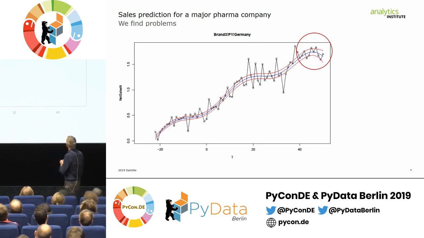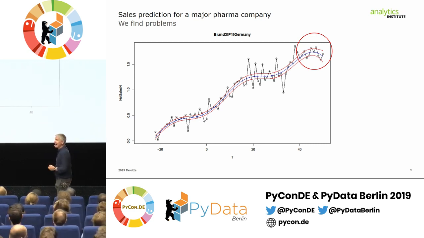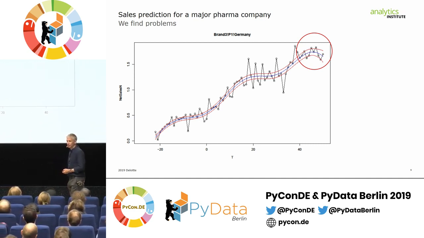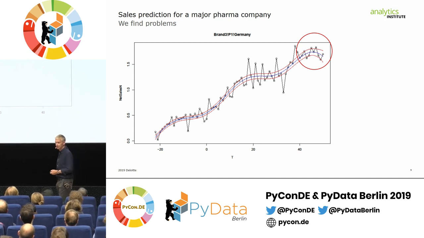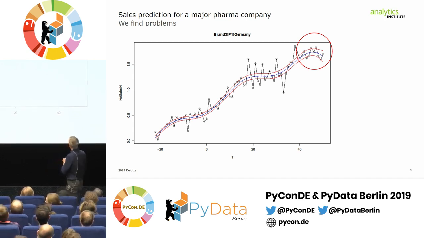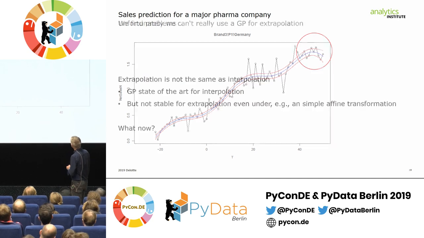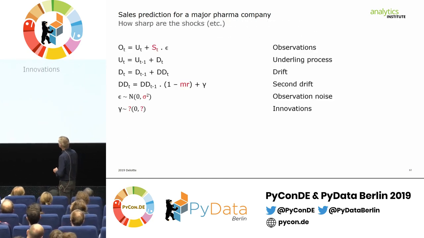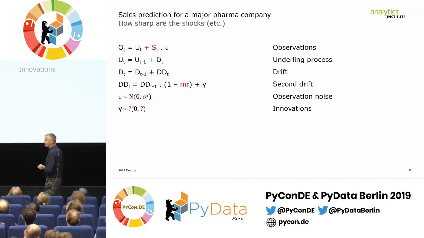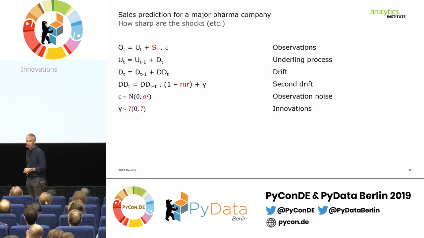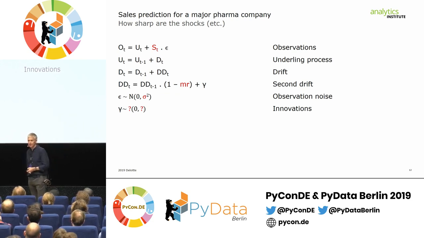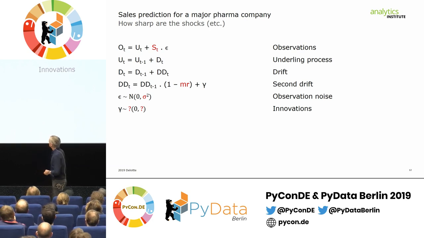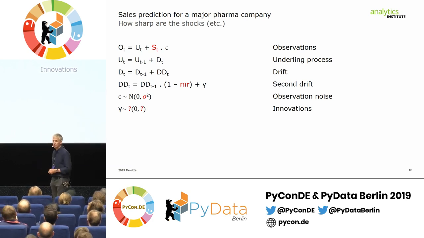It was when we saw secular shocks to a trend in sales. Yeah, and then what we did was fit a model with secular shocks to a trend in sales, and the question then is how sharp the shocks are.